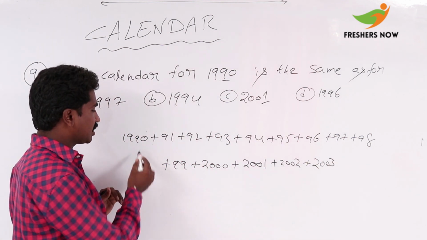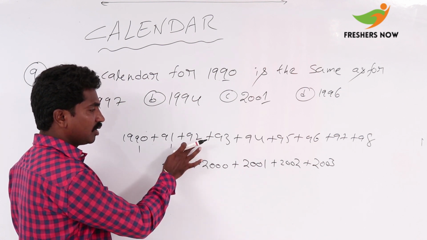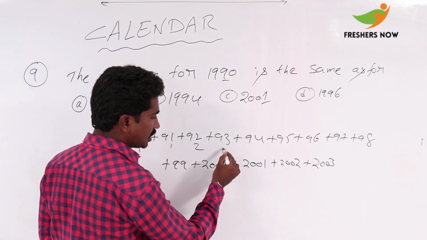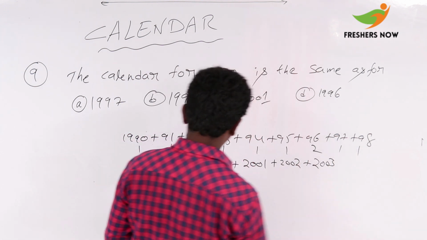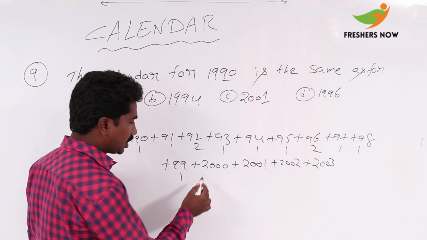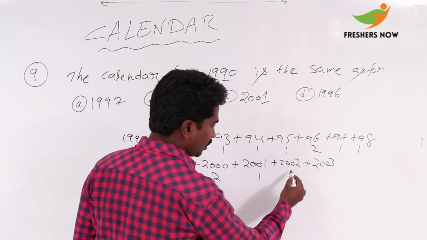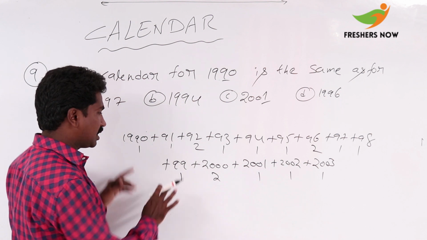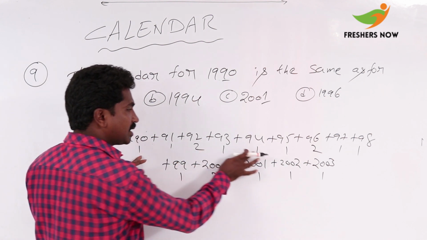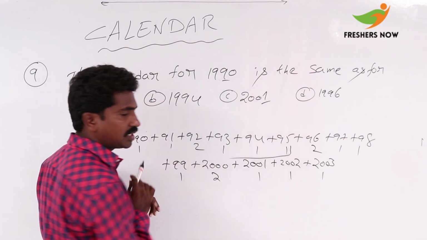1990 is a non-leap year, so 1 odd day. Then 1 odd day, this is a leap year, 2 odd days, then 1, 1, 1 odd days. 2000 is a leap year, 2 odd days. 2001: 1, 1, 1. Add the days up to 7 odd days: 2, 4, 5, 6, 7. Up to here 7 odd days.